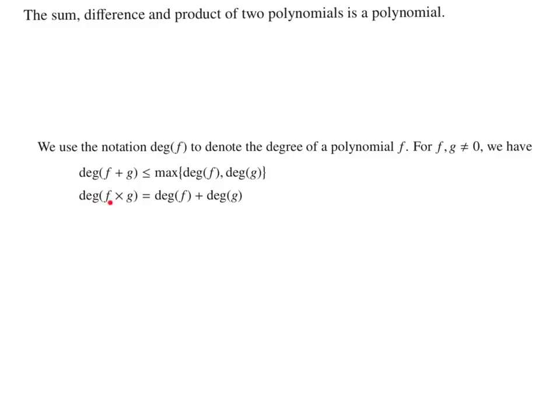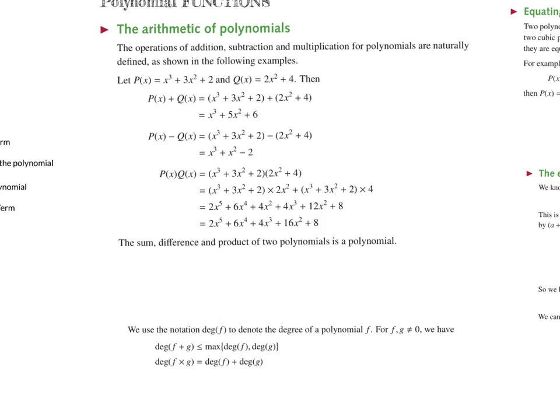If you are timesing f and g, you'll take the highest degree of f and you'll add it to the highest degree of g, and that will be the degree of your answer. So just as an example, going back to this part, p of x had an x cubed in it and q of x only had an x squared. So when we added them together, the degree ended up being an x cubed. So that was the highest out of p and q.